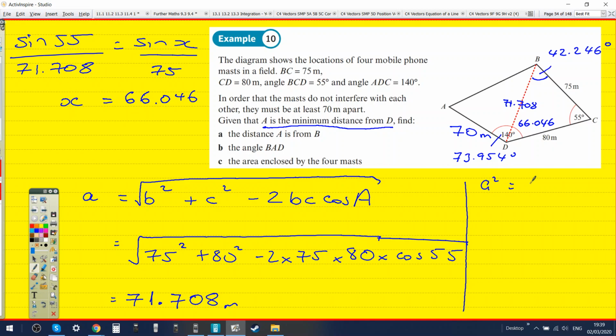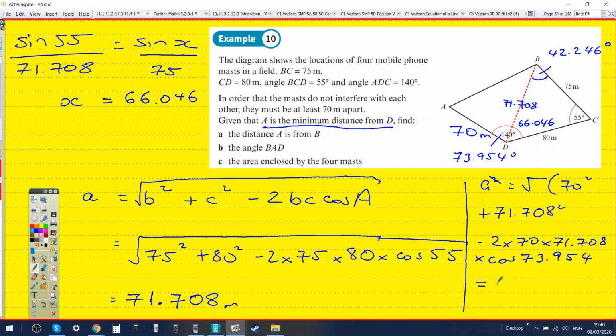So will that just be a equals square root of 70 squared plus 71.708 squared minus 2 times 70 times 71.708 times cos 73.954, and I got the answer of 85.225.